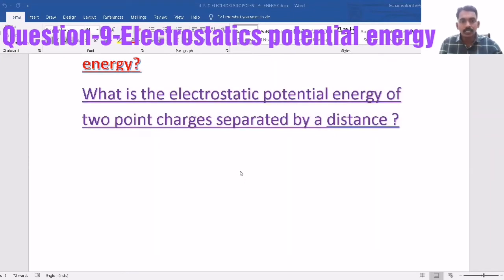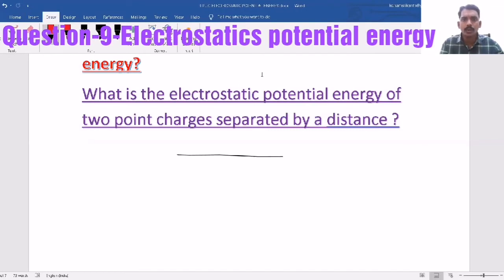So here the very first thing we have to understand is what is the electrostatic potential energy of 2 point charges separated by a distance.